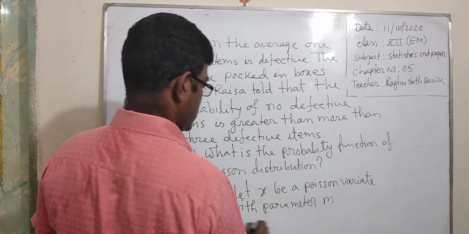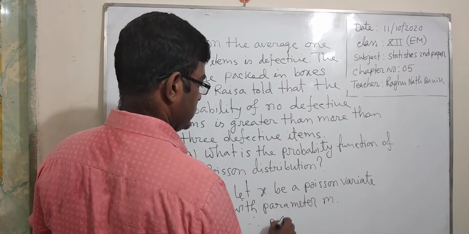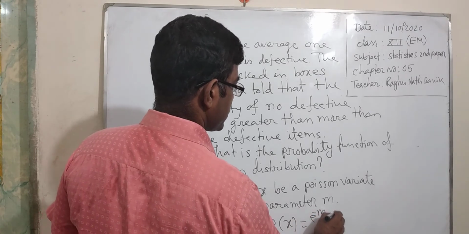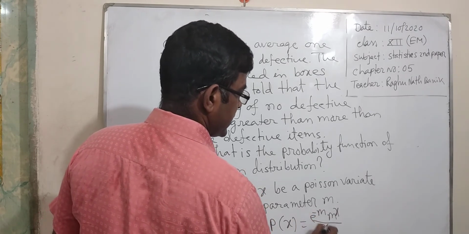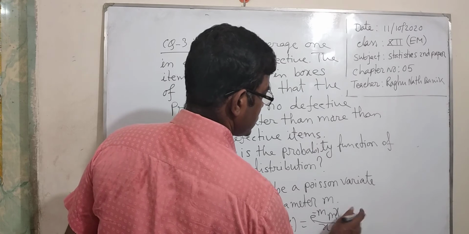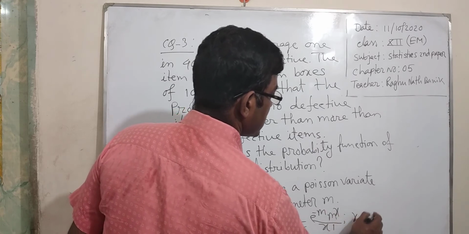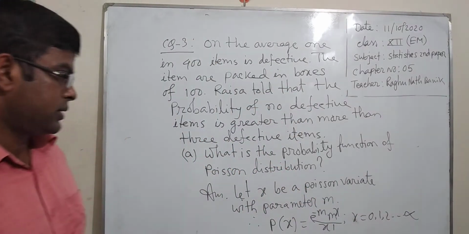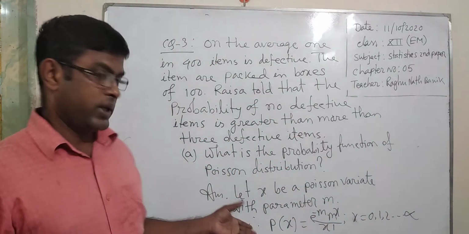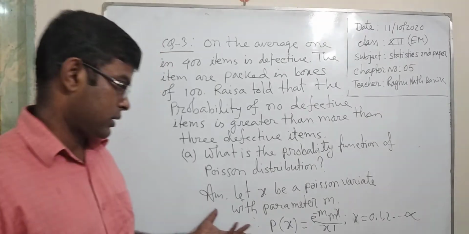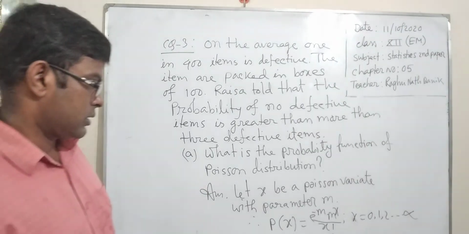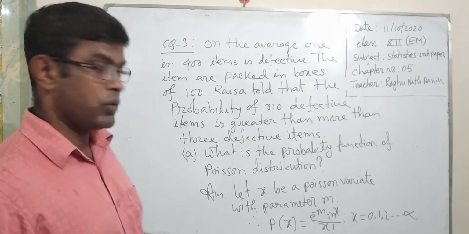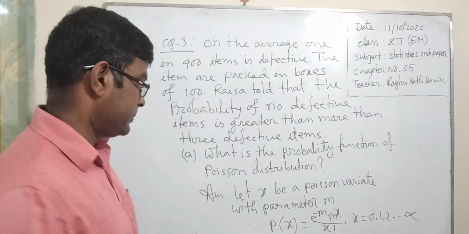So P(x) equals e to the power minus m, m to the power x by x factorial, where x equals 0, 1, 2, and so on to infinity. Dear students, you can write in this way. You will get number 1.